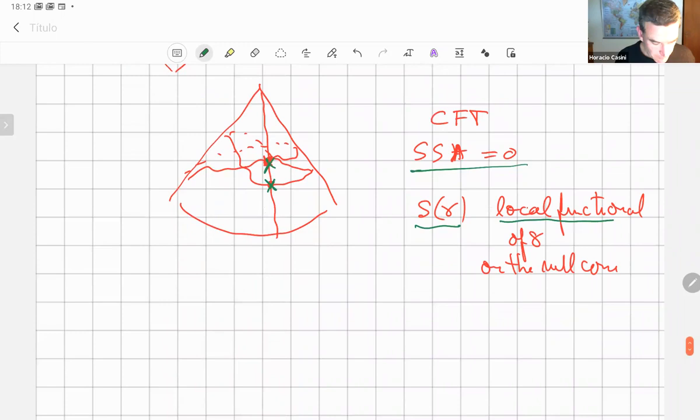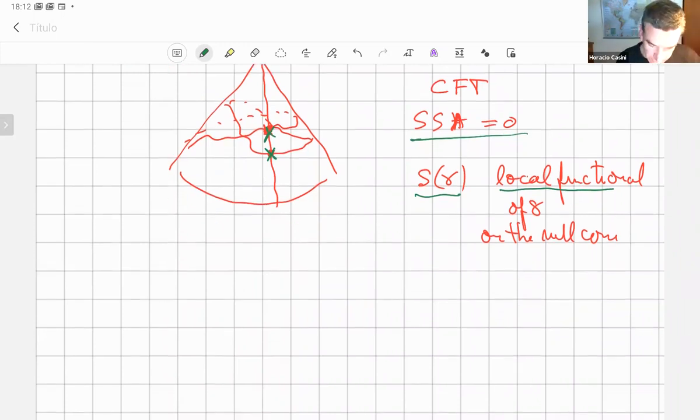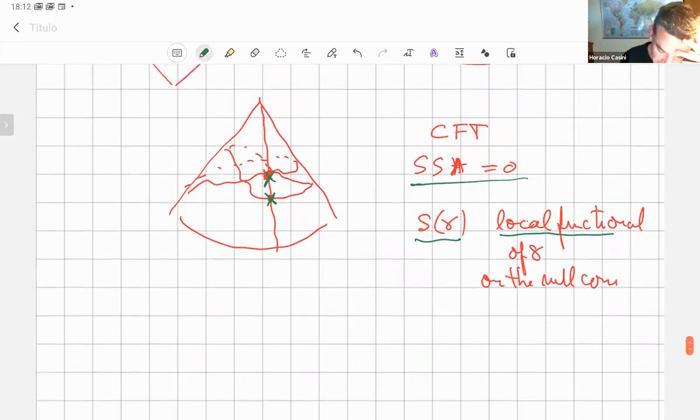Well, but then we are in the position that we were wanting, because we have some geometric shapes that are all curves on the null cone, for which a CFT satisfies strong superadditivity equal to 0. So what we have to do now is just to apply this for theories that are non-conformal, for a quantum field theory.